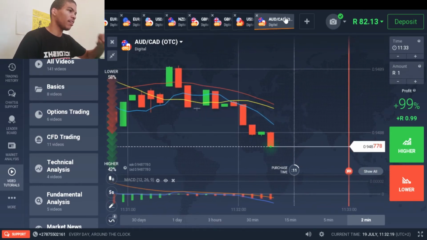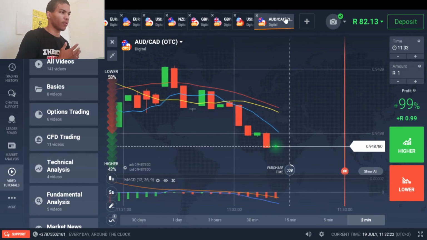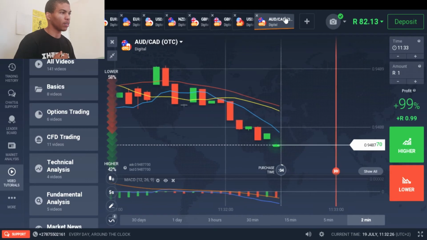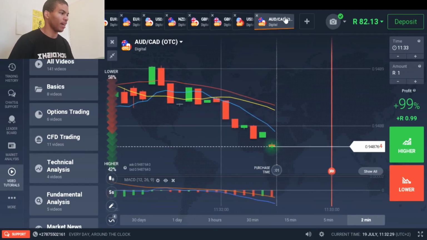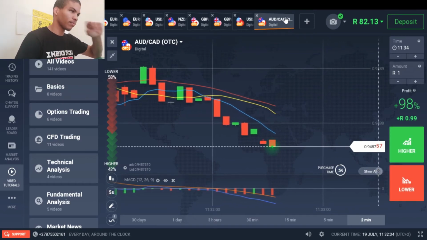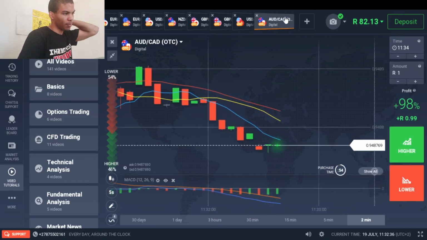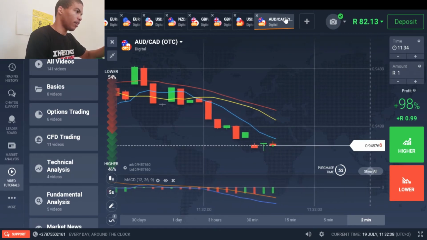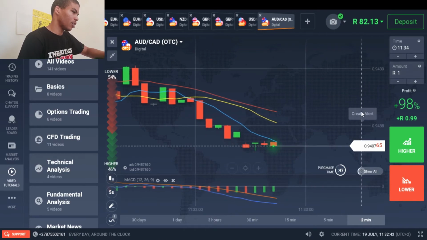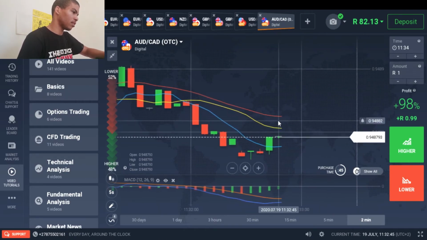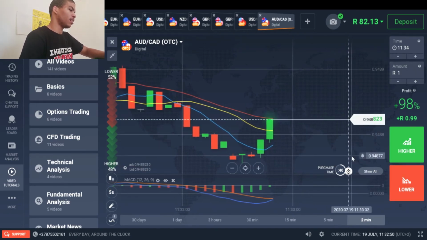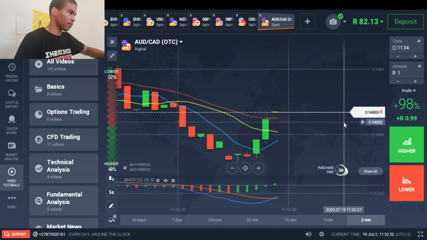Now, sometimes, even though the red is going down and the blue is going up, we can still bet higher because, as we can see on the chart, it's just a few seconds away from reaching the red line, or just before it hits this line, we just do the bet and we go higher or lower, whichever we think is best.